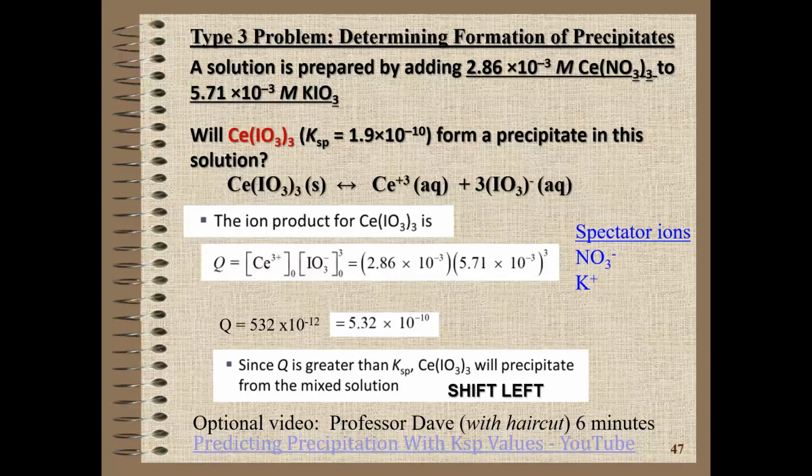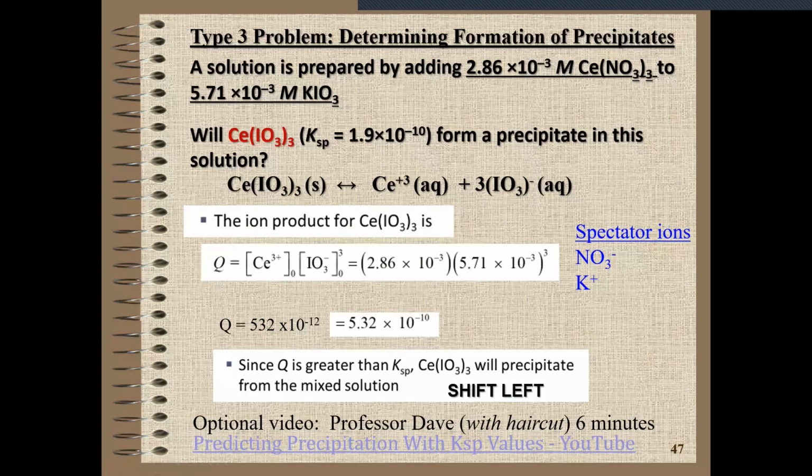This is also a precipitate problem. Oops, that doesn't matter. It's the same idea. Anyway, here we have this solid breaking up into these ions. And when we write the KSP expression, it would be this. We call it Q because it's not at equilibrium again. So I'm plugging in the values that are given, that we're starting with. It tells us what the concentrations are up here. When we calculate Q, it's 10 to the minus 10.